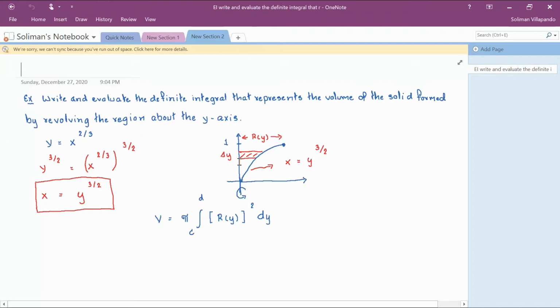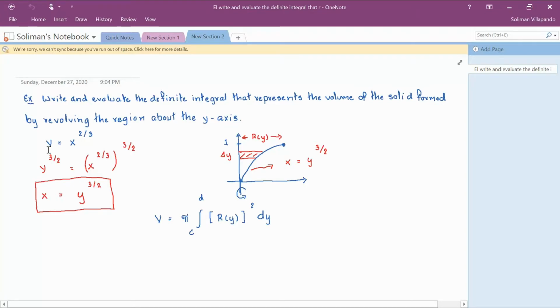Our function is y equals x to the 2/3, and because we rotate about the y-axis, the formula is pi times the integral from c to d of r squared dy. Because we take an integral with respect to y, we're going to solve for x here.